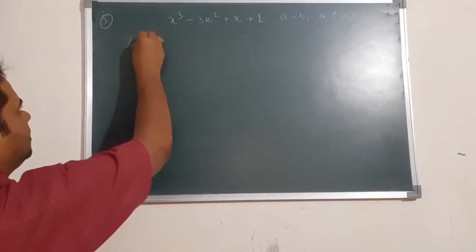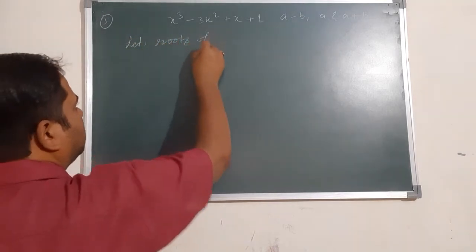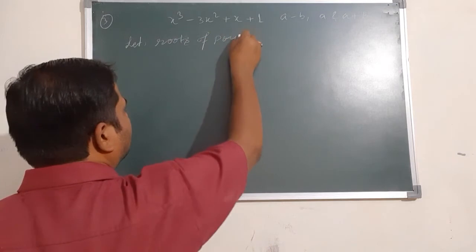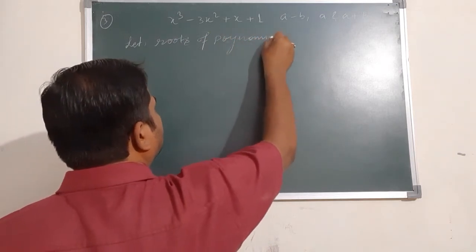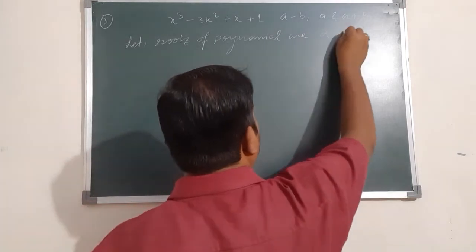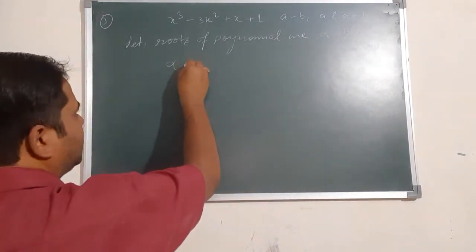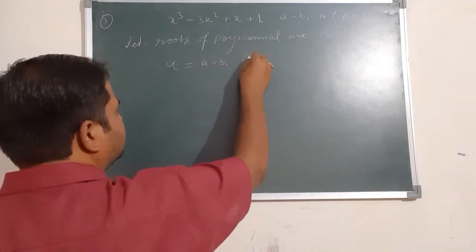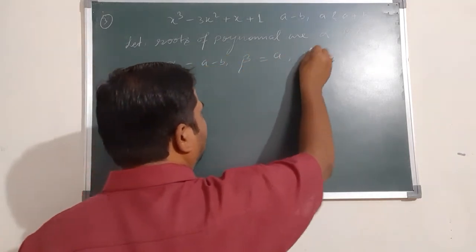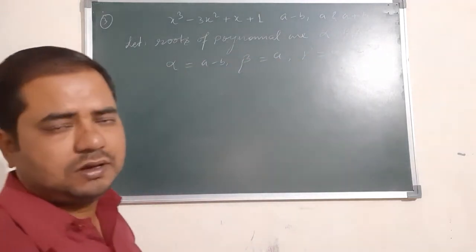Let the roots of the polynomial be alpha, beta and gamma. Then alpha is a minus b, beta is a, and gamma is a plus b, because these are the roots of the polynomial.